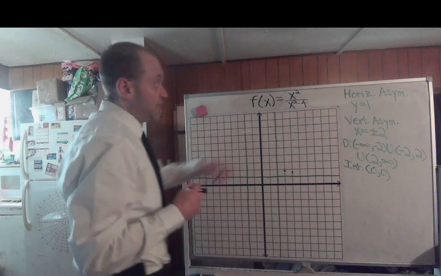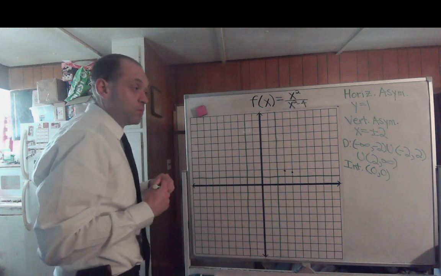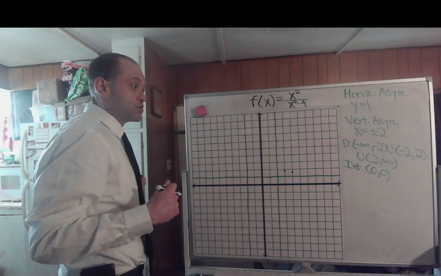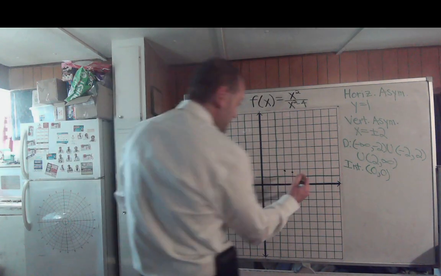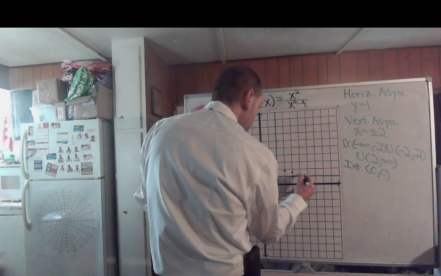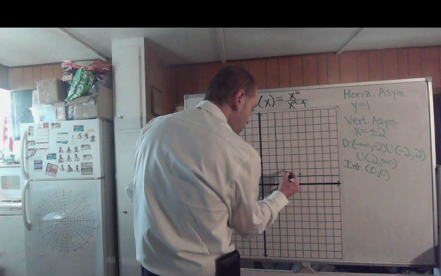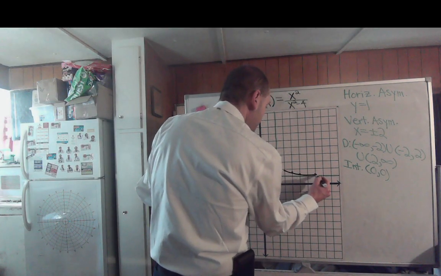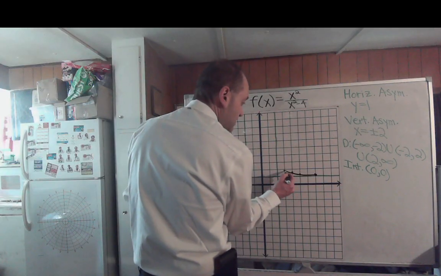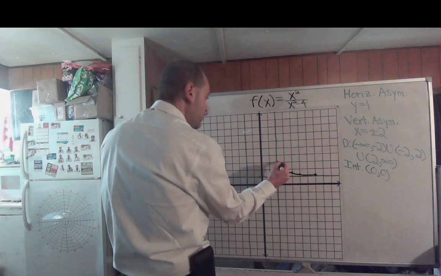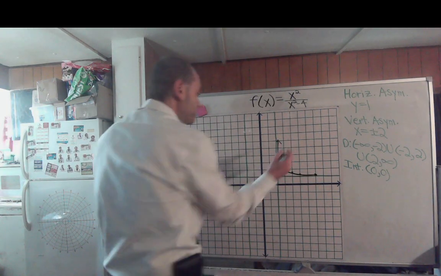Let's put in 5. That'd be 25 over 21. That would be 1 4/21. So that's even lower. So as you see, you're getting infinitely closer and closer to that y value of 1, but you're never actually attaining it. And then the closer you approach x equals 2 from the left, the higher your values get.